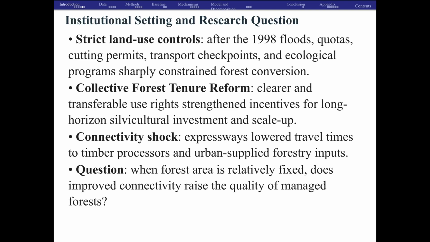As I said, we have a pretty different institutional setting. We have very strict land use control. I've traveled to Brazil, and I was very surprised by the easy access to state-owned land. But in China, you'll be in jail in 2 hours if you do that, basically.